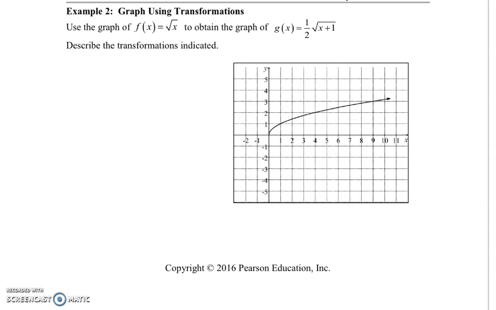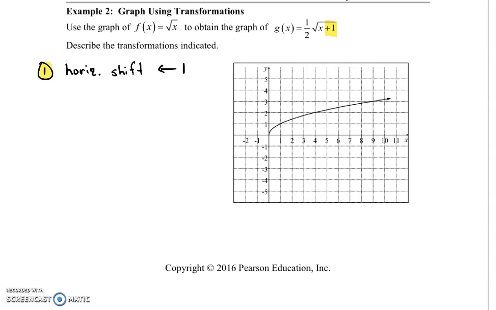By following the order of operations, so we don't get messed up like I showed as possible in the last video, we would start by doing what's under the square root. So we've got a plus 1 under there, which is a horizontal shift left 1.